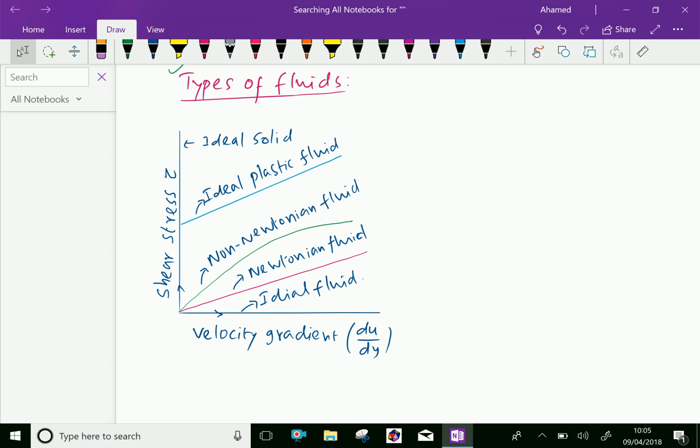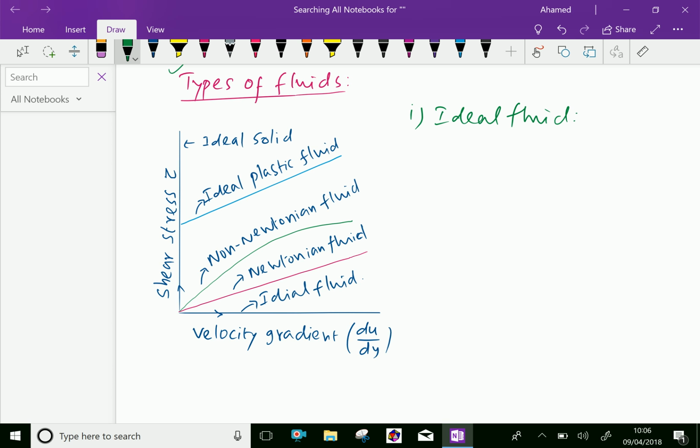First one, ideal fluid. A fluid which is incompressible and has no viscosity is known as an ideal fluid. Ideal fluid is only an imaginary fluid, as all the fluids which exist have some viscosity. There is no fluid without viscosity.